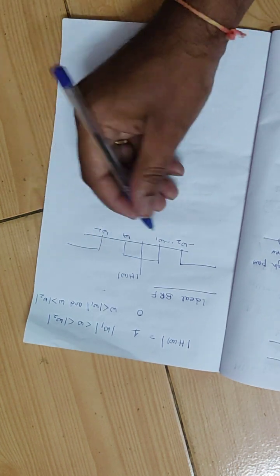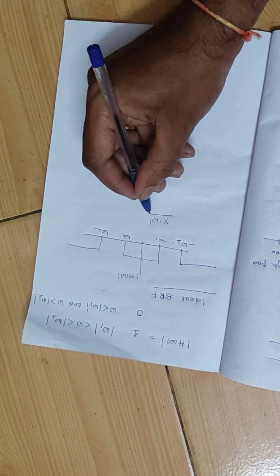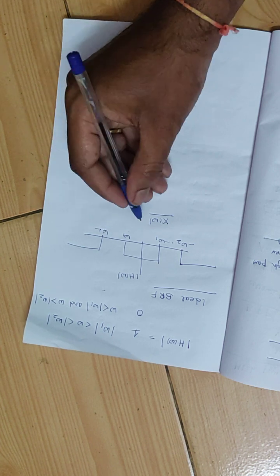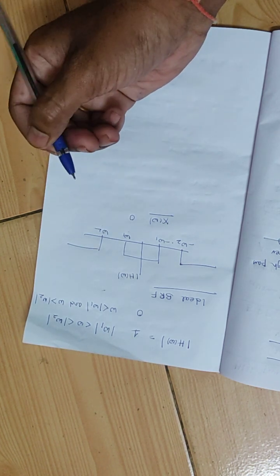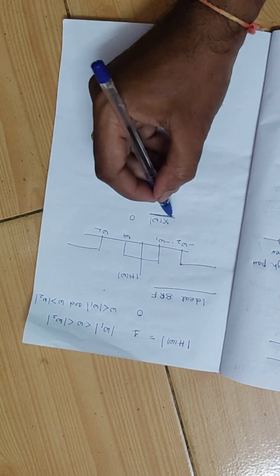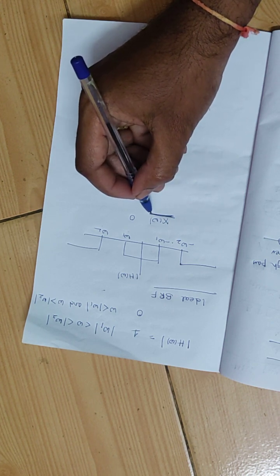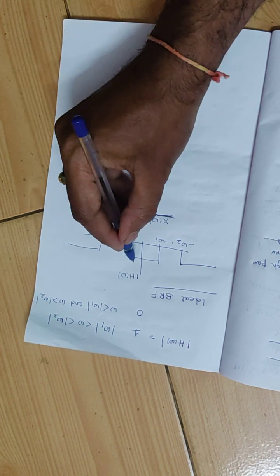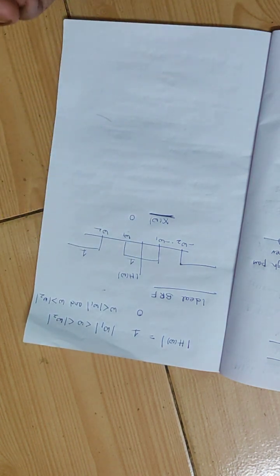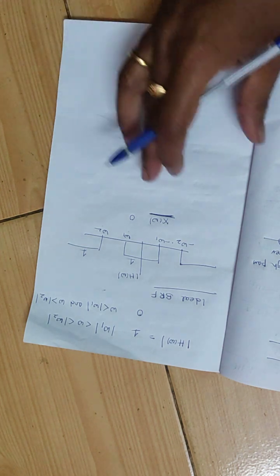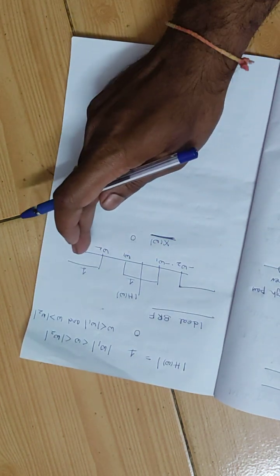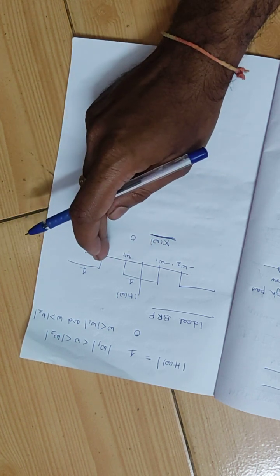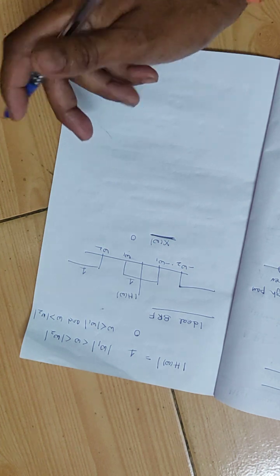All the frequencies in x of omega between omega 1 and omega 2 are multiplied with 0, and all the frequencies less than omega 1 and greater than omega 2 are multiplied with 1. So it allows all the frequency components less than omega 1 and greater than omega 2, and rejects all the frequencies between omega 1 and omega 2.